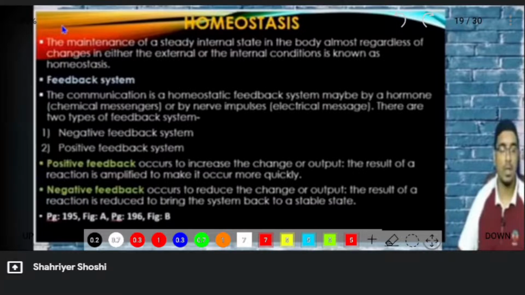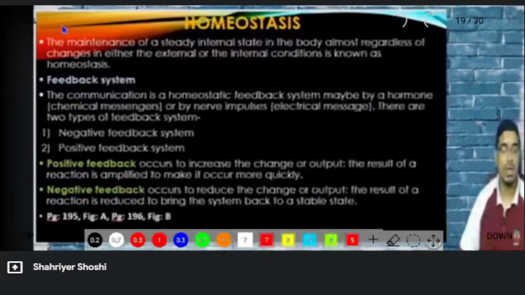The result of a reaction is amplified to make it occur more quickly. Negative feedback occurs to reduce the change or output. As a result, a reaction is reduced to bring the system back to a stable state. Did you understand this whole page?